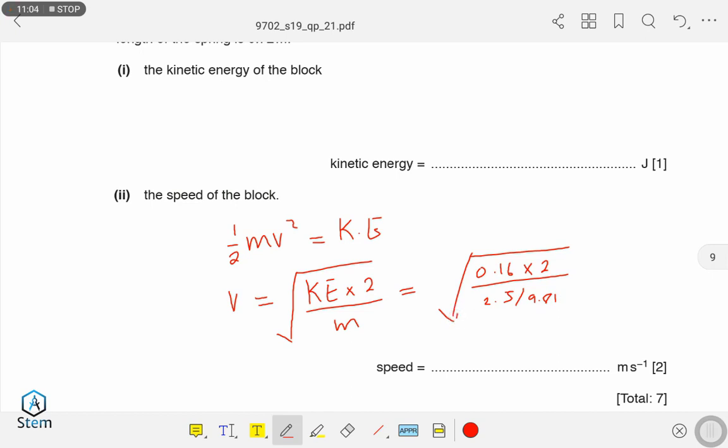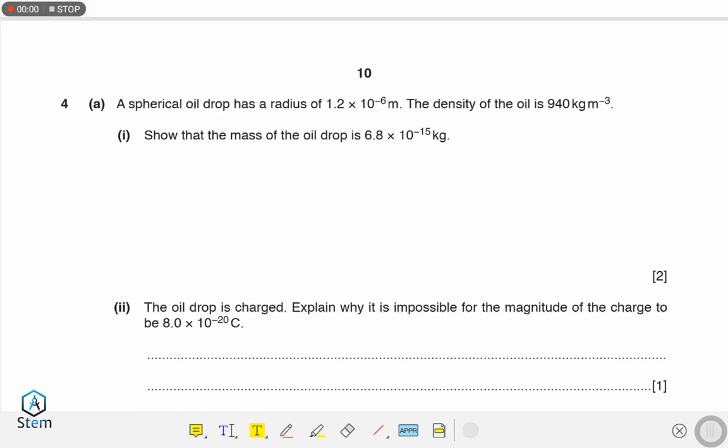So 2.5 divided by 9.81, that is our mass. Weight divided by the acceleration due to gravity gives us the mass. If we substitute those values, we get a rounded value of 1.1 meters per second as our speed.